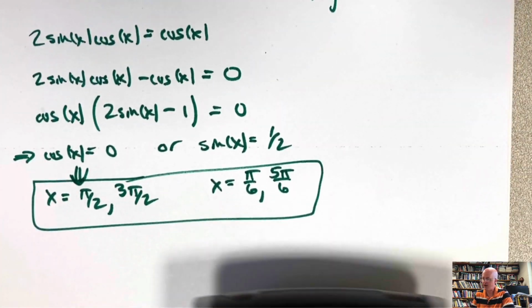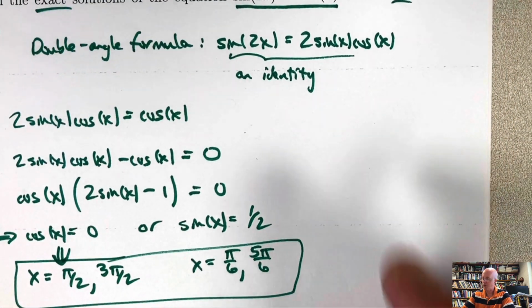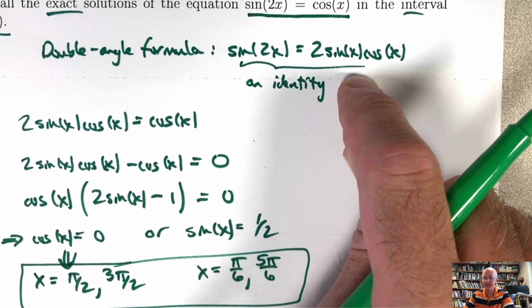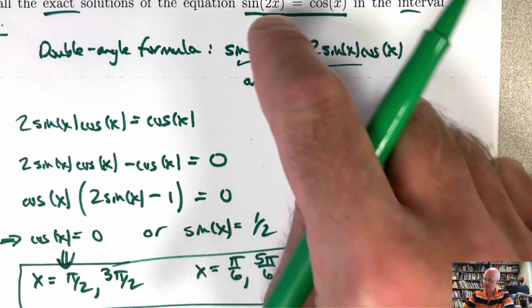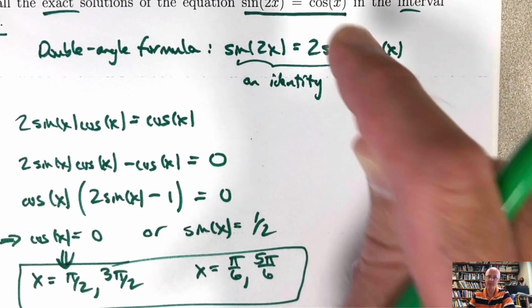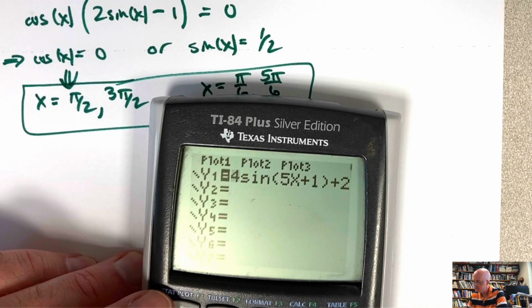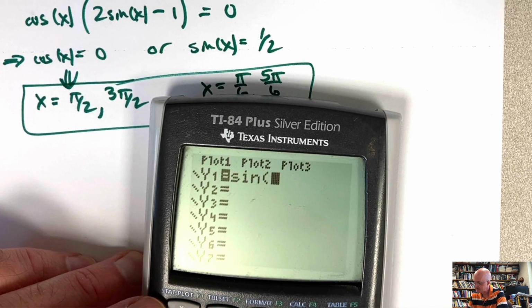Maybe it's worth going ahead and graphing both of these functions. This is not an identity. This is an equation to solve. This was an identity. This is true no matter what x is. Let's go ahead and graph both functions. They're not going to be the same function, and we'll see visually where they intersect. Sine 2x and cosine of x.